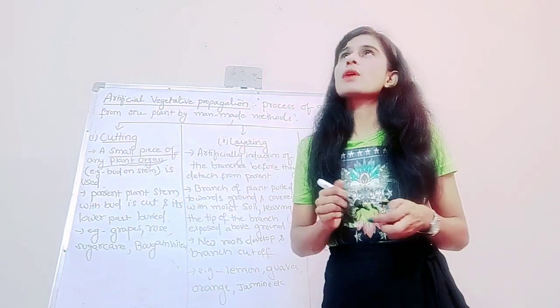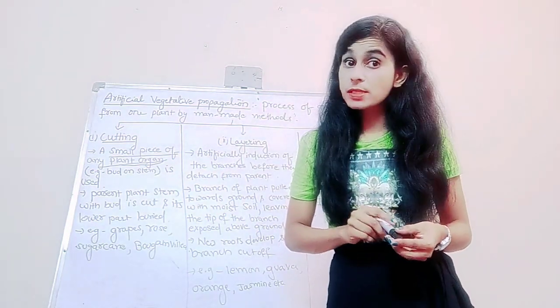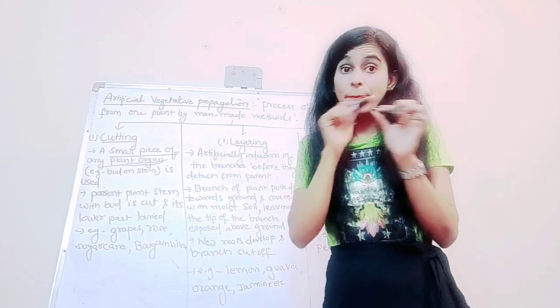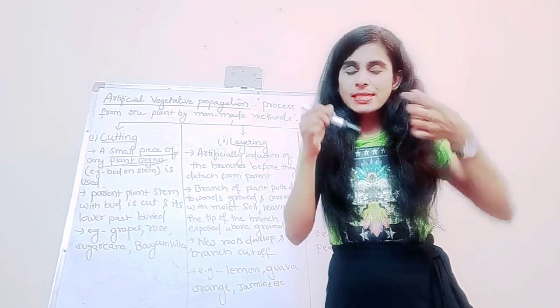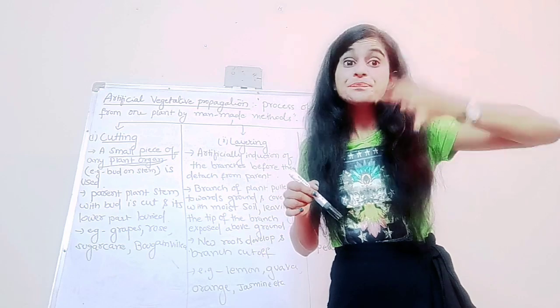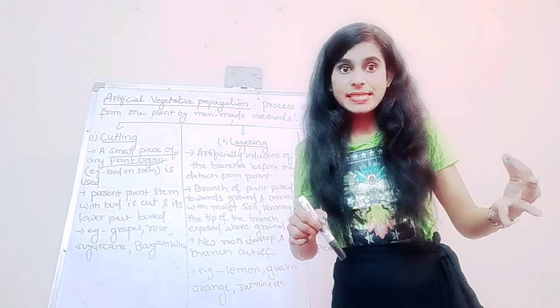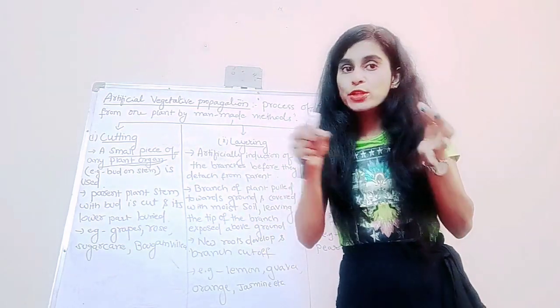Whenever you cut the stem of your rose plant having a bud, you have seen some nodes. The stem of a rose plant or bougainvillea has nodes present. You must have all seen that.